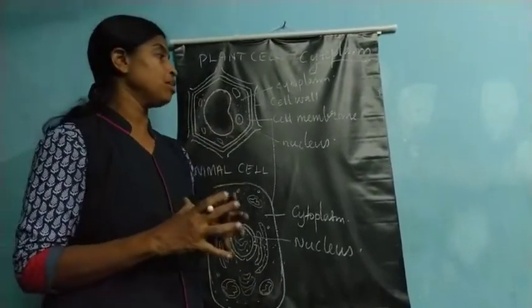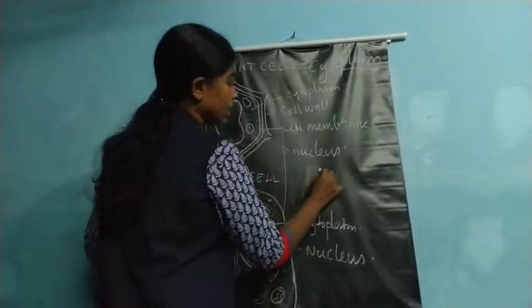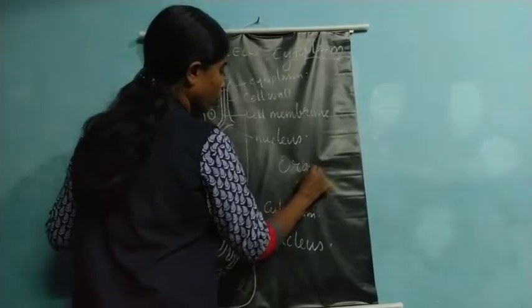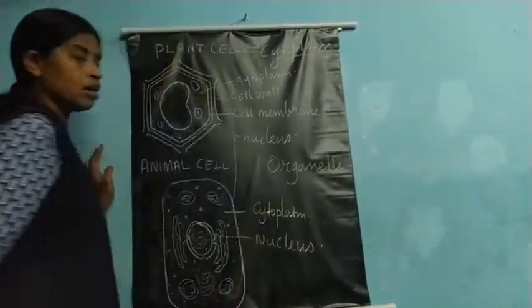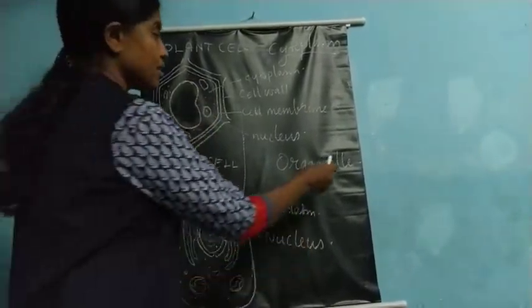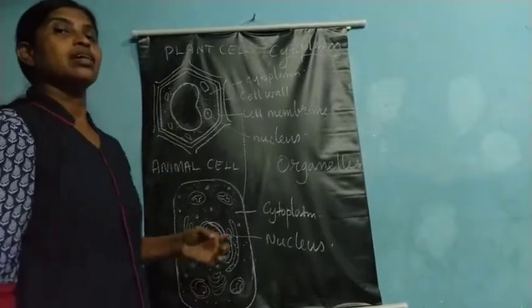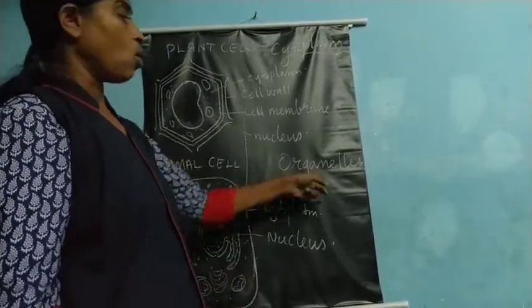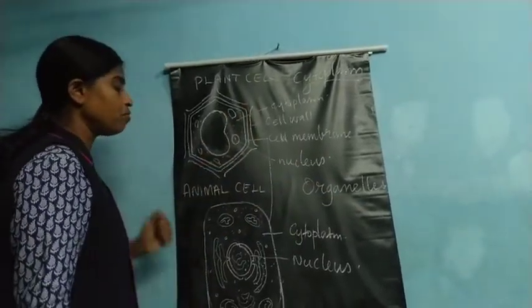The structures found in the cytoplasm of a cell are called organelles. Cell organelles, understand? So many cell organelles. So all these organelles one by one we are going to see.